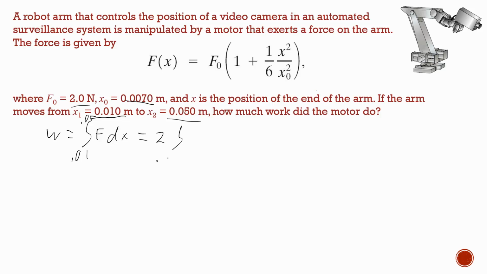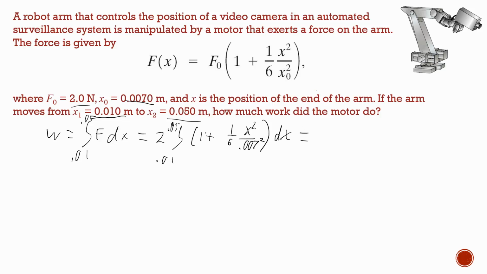That's going to be a 2 out there, integral from 0.01 to 0.05, and then we're going to have 1 plus 1/6 over 0.007 squared times x squared, that whole thing dx.